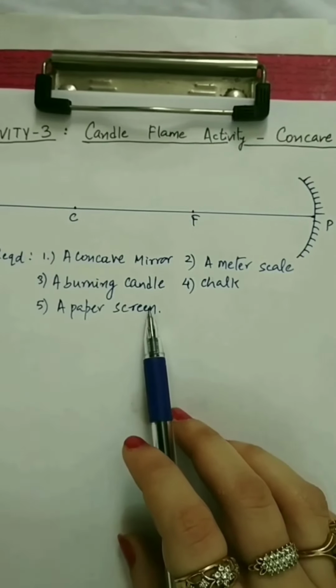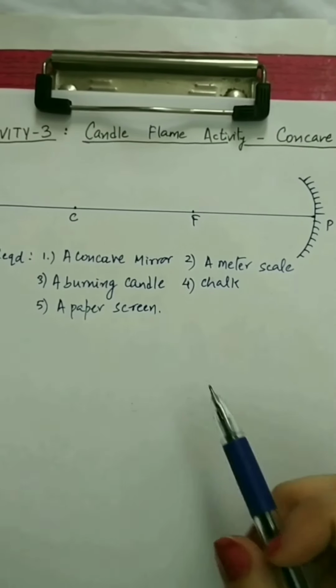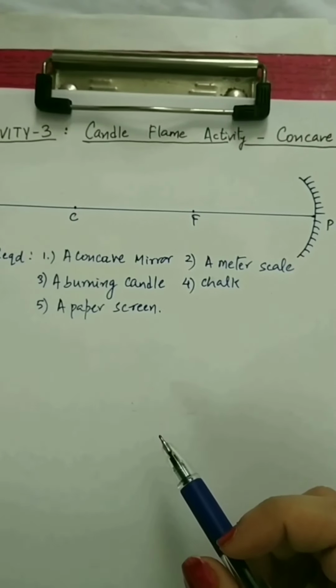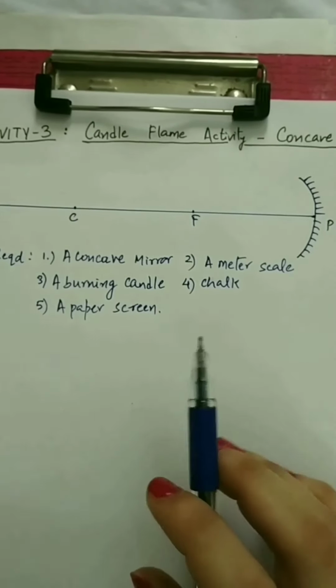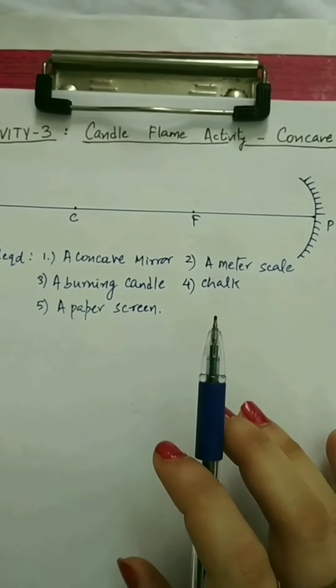As we have already learned a way of finding the focal length of the concave mirror in activity 2, we have seen that the sharp bright spot of light we got on paper is in fact the image of the sun.